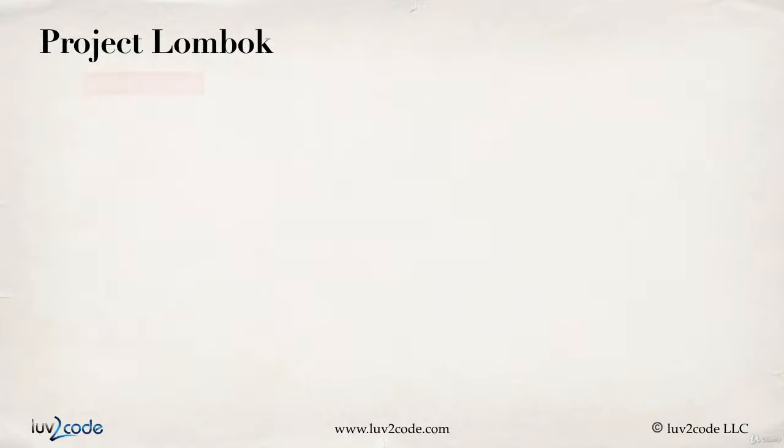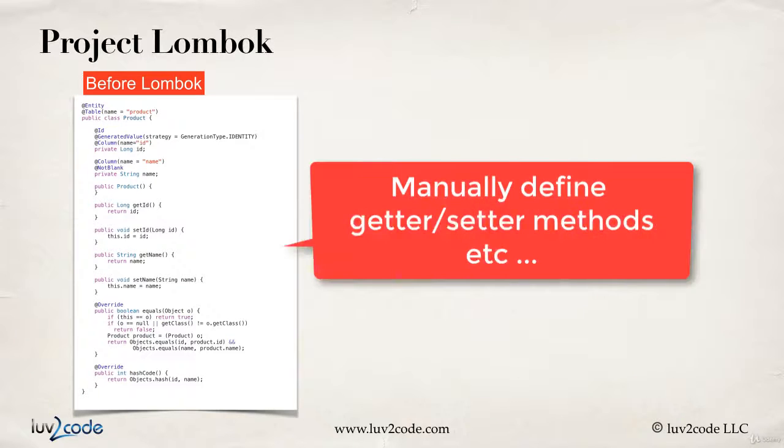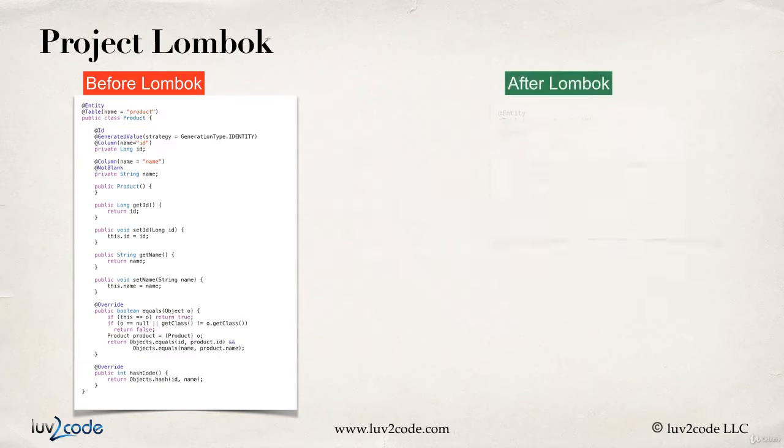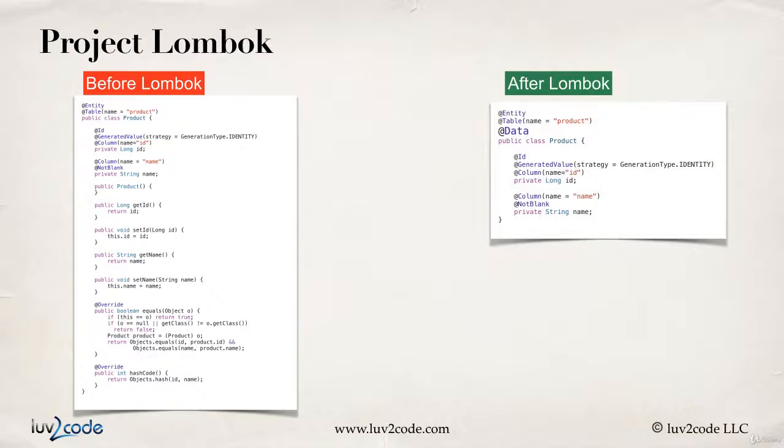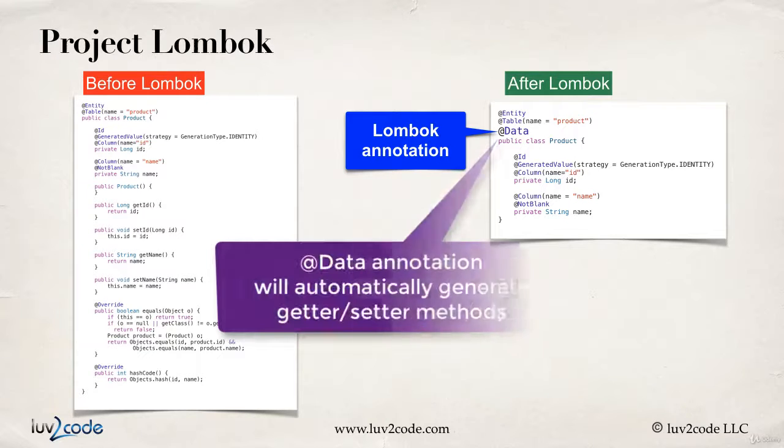So let's take a quick look at Lombok. It's really easy to get started with. Before Lombok, we would create a Java class and we would manually define all of our getter and setter methods. Now, after using Lombok, we can create a Java class. We make use of this special Lombok annotation called @Data.